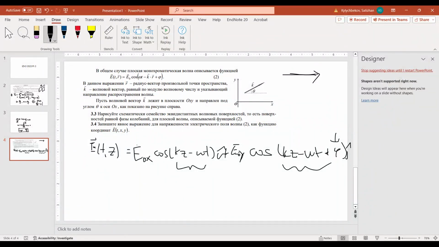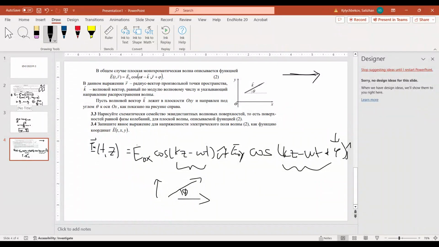And if there is no phase at all, then it is linearly polarized. Instead of oscillating in y only or x only, it oscillates at an angle, where tangent theta is Ey divided by Ex. When you generalize, instead of kz or kx as in the first case, what you get is k dot r, a dot product.